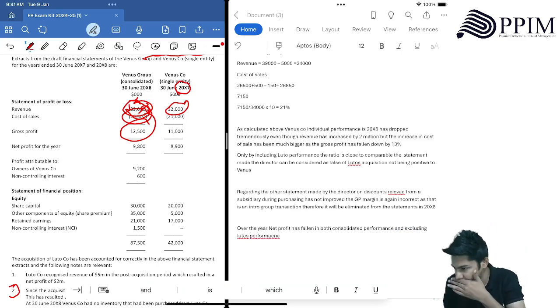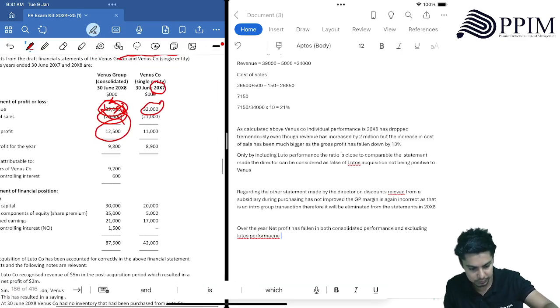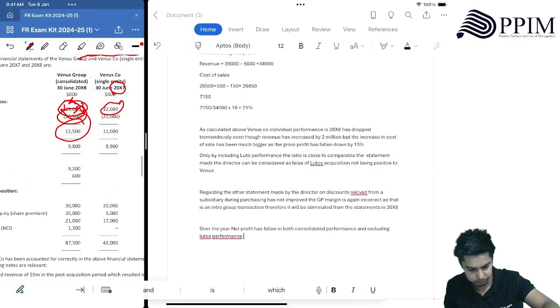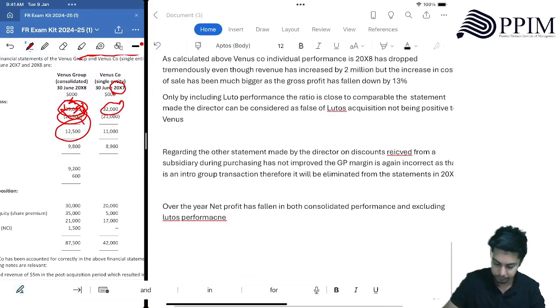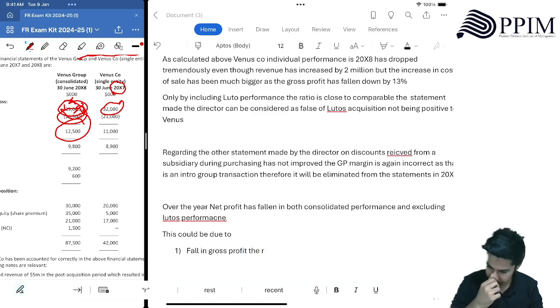This could be due to, number one, fall in gross profit ratio over the year.